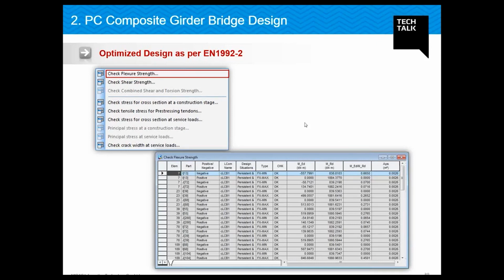In the case of flexure resistance, we can calculate the resistance considering the tendon primary force, and then it will be compared with the member force obtained considering the construction sequence.